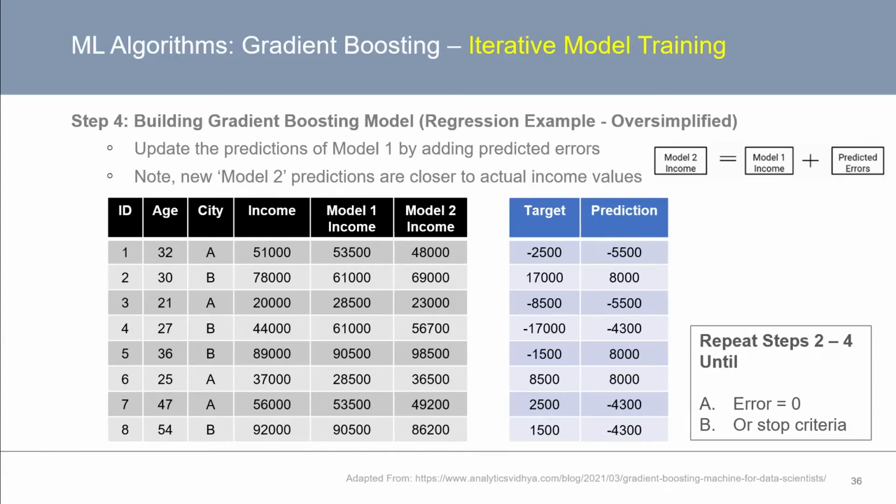Note that as we go back to step 2, our new set of residuals is calculated as the difference between our true income and our new Model 2 income prediction. This process continues either until the error for all instances reaches 0 or until some other stop criteria are met. This could be some maximum number of iterations or some minimum of allowable error.